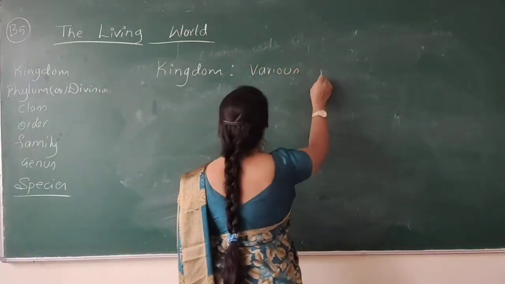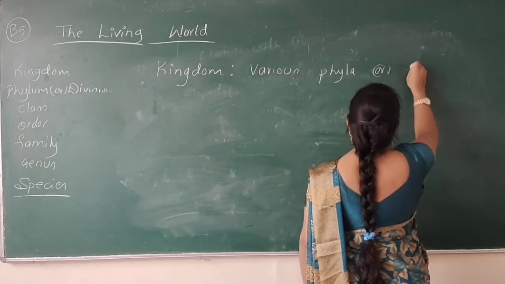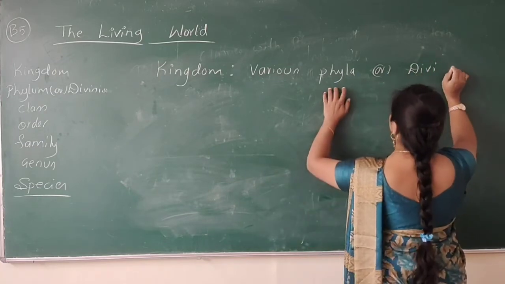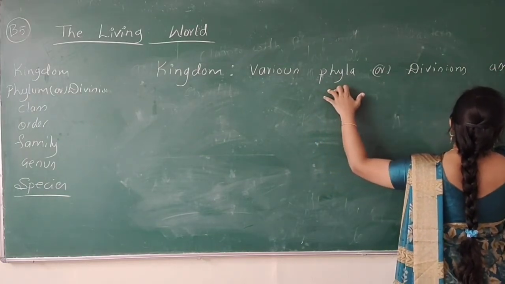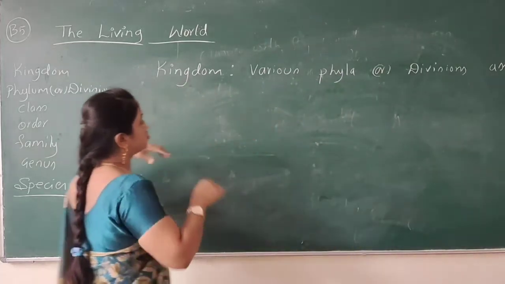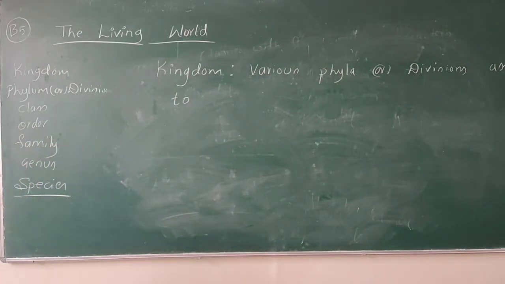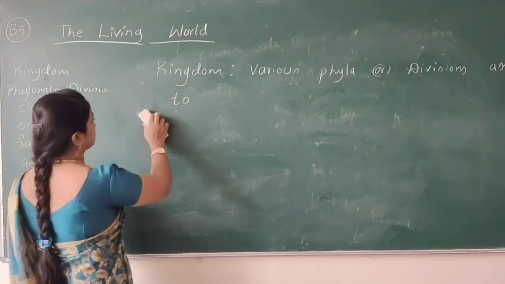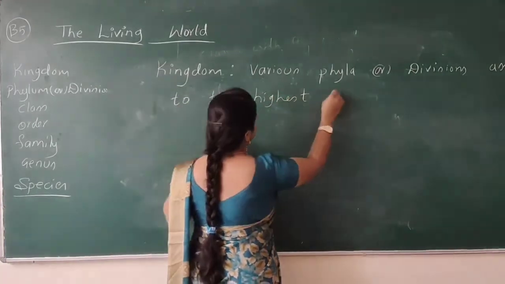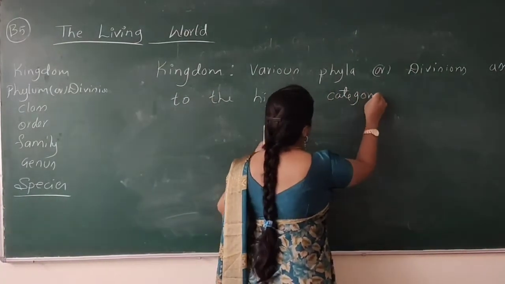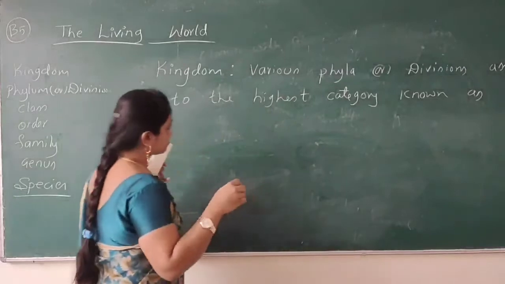So, various phyla or divisions, phyla is a plural name, assigned to a common kingdom, assigned to the highest category, known as, what is that?